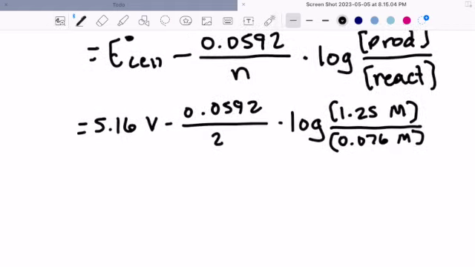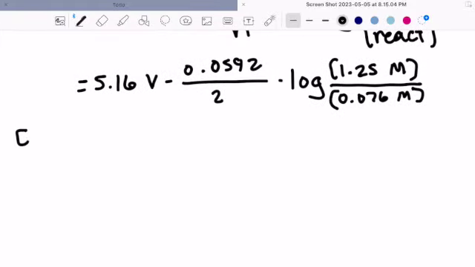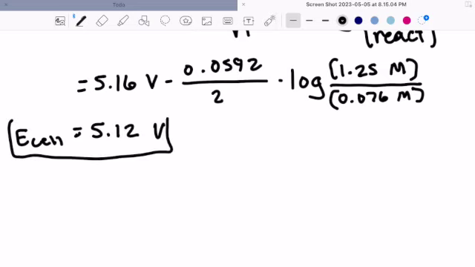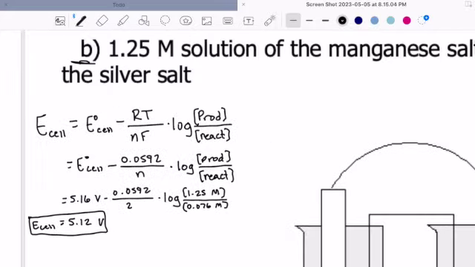And then the total value will be 5.112 volts. That is our E cell value.